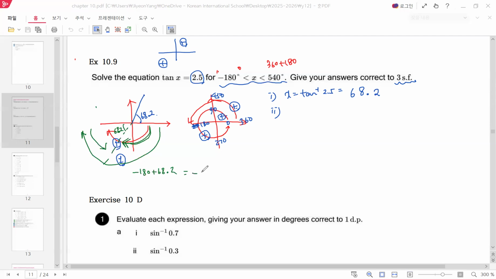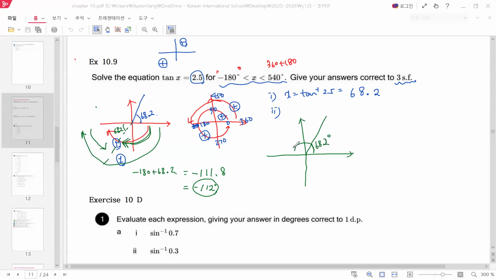Which is negative 111.8, but they ask you to write down the answer correct to three significant figures, so it should be 112. This is the first one. And then, as I told you, the first quadrant one, which is 68.2, positive direction.